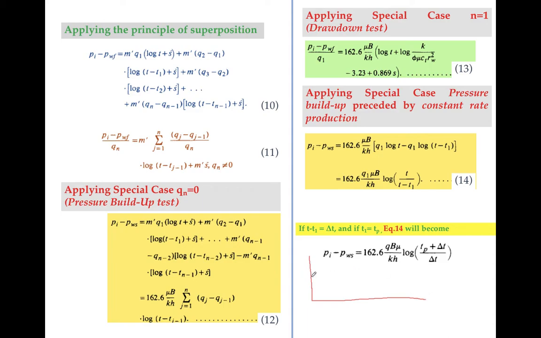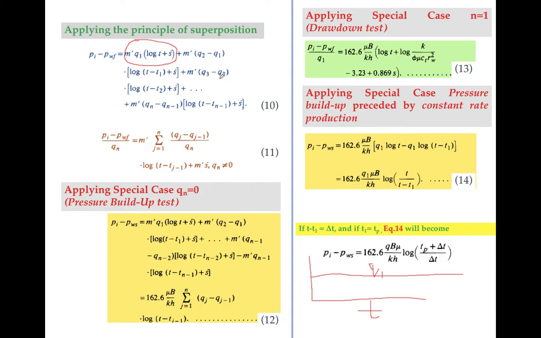Initially there is a q1. We consider that the flow is taking place at rate q1 for time t. So the first part of this equation will be m dash q1 log t plus s bar, which is the same as for a well producing at a constant rate for time t.